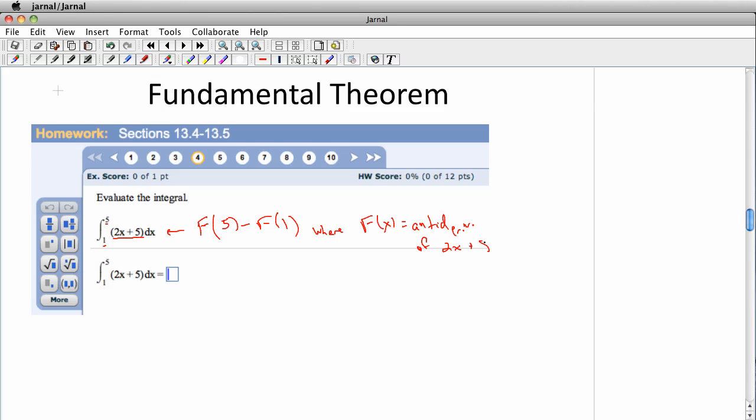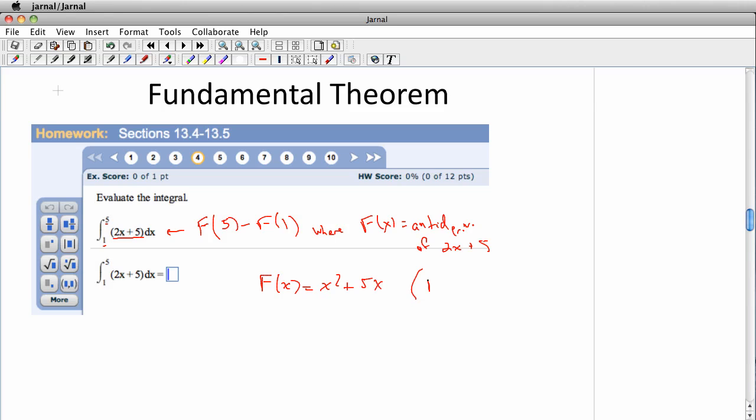So that gives us a workable strategy for answering definite integral questions as long as the function that we're integrating is something that we can actually find an antiderivative for. So for example, in this case, an antiderivative of 2x plus 5 would just be x squared plus 5x. So this is an antiderivative question like we were answering before in section 13.1.